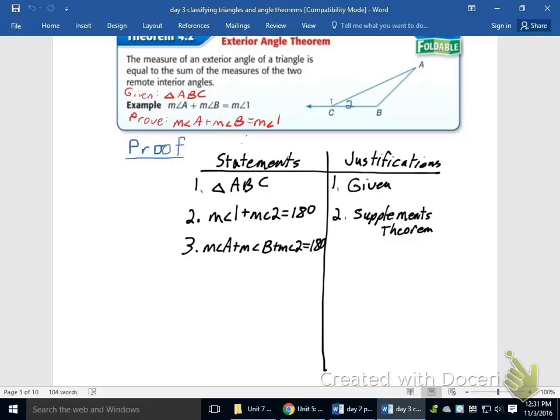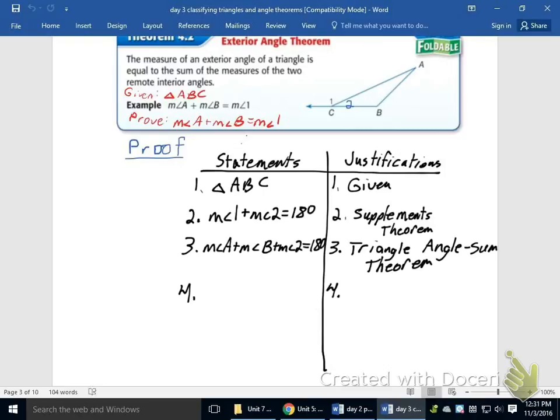And that was by the triangle angle sum theorem. I'm referring to a theorem I've already proven. So I'm just going to write down the name of that theorem so I don't have to reprove it. Triangle angle sum theorem. Very helpful to study your theorems and postulates so you'll know the names of them when you're on a quiz or a test.